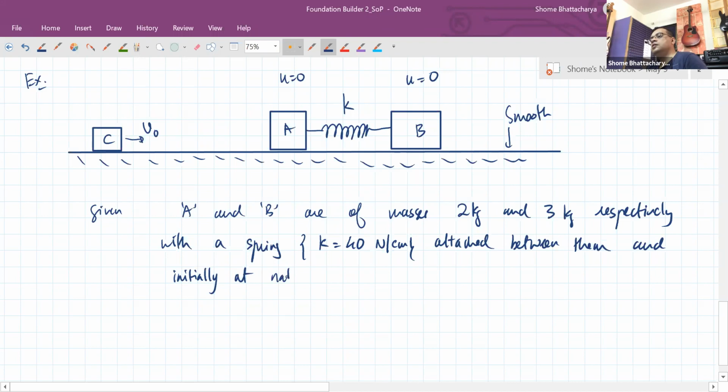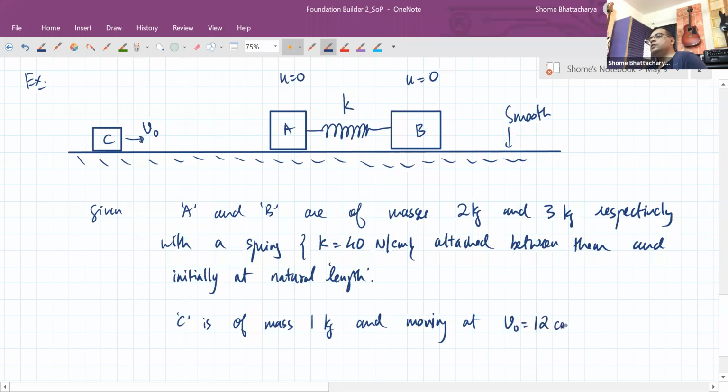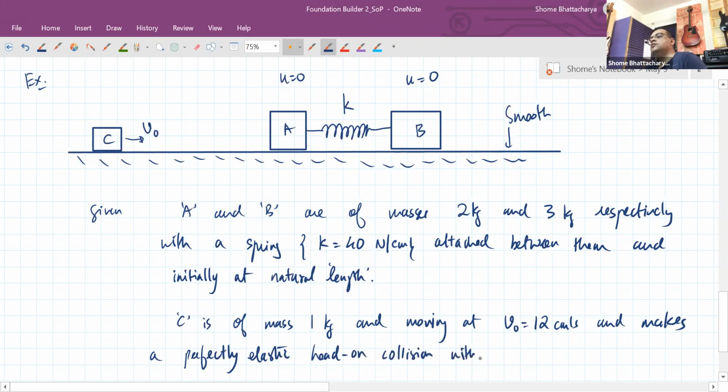Sorry, at natural length. C is of mass 1 kg and moving at V0 equal to 12 centimeters per second and makes a perfectly elastic head-on collision with A.